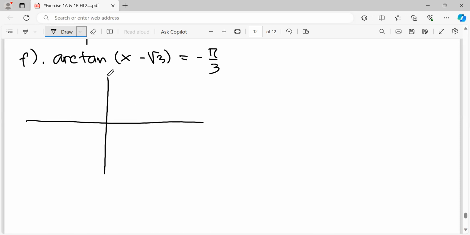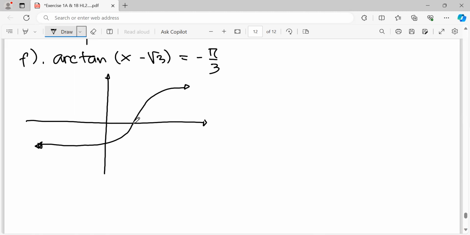Graph of arctangent x minus root 3, like this, with arrows, it means no limit.